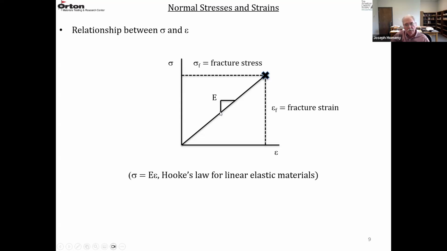And then the slope is the Young's elastic modulus. So at some point during loading, you'll reach the fracture strain, epsilon F, and the fracture stress, sigma F, and failure will take place. So this is a very simple way of measuring Young's modulus, generating a stress strain curve and taking the slope.